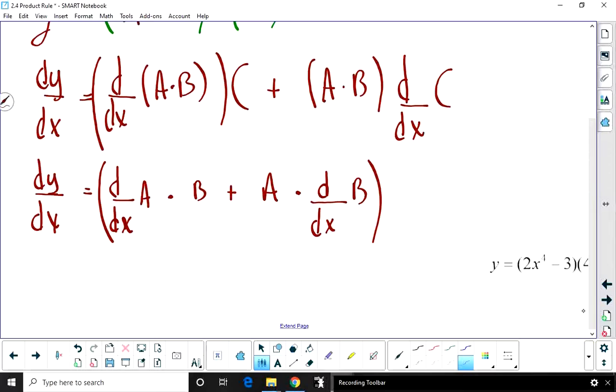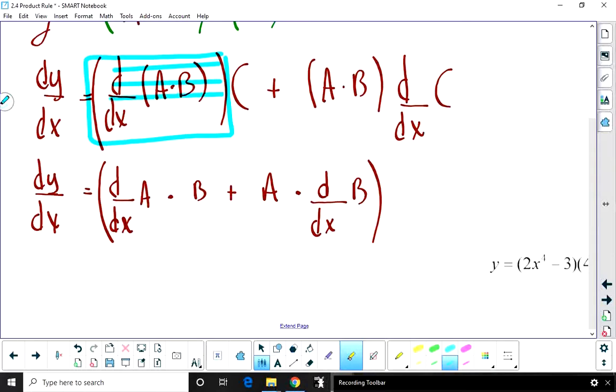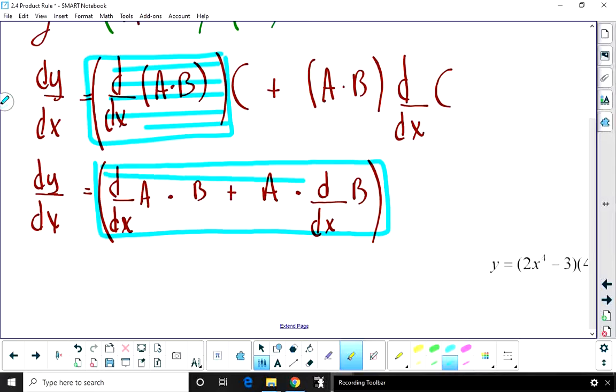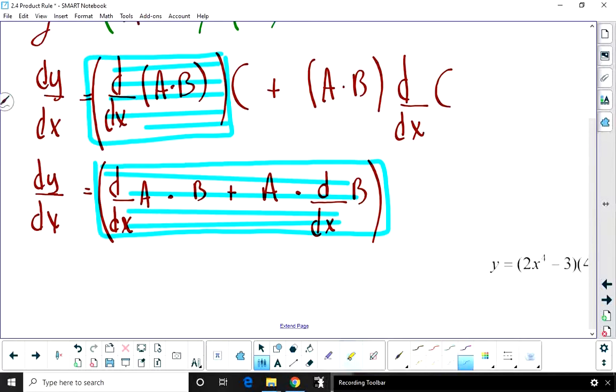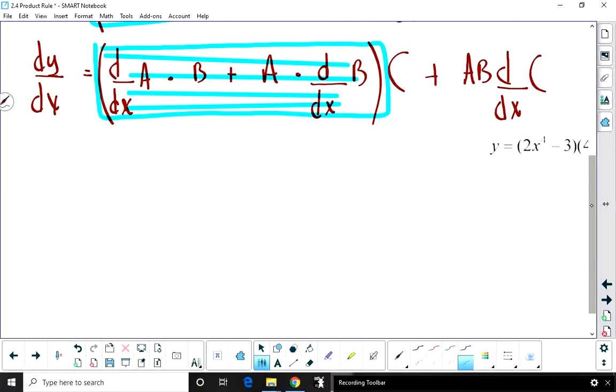What I've just written so far is the derivative of AB. That's what this is. I still need to multiply by C. Plus AB dC. If I multiply out this C in here, this is what I get.